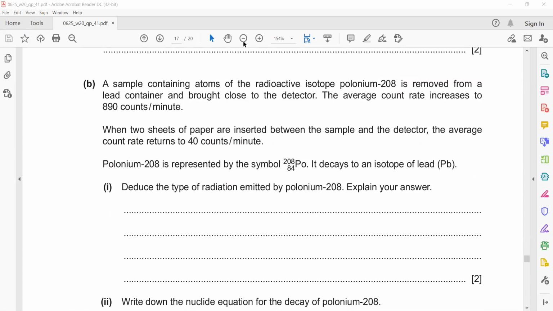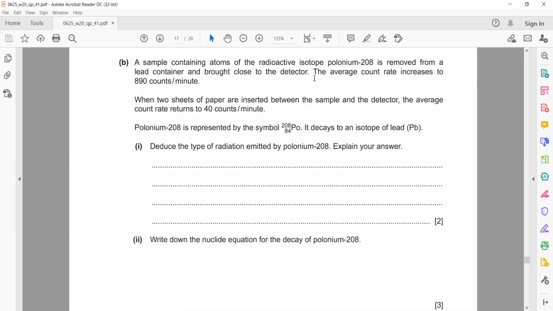A sample containing atoms of the radioactive isotope polonium-208 is removed from a lead container and brought close to a detector. The average count rate increases to 890. When two sheets of paper are inserted between the sample and the detector, the average count rate returns to 40.